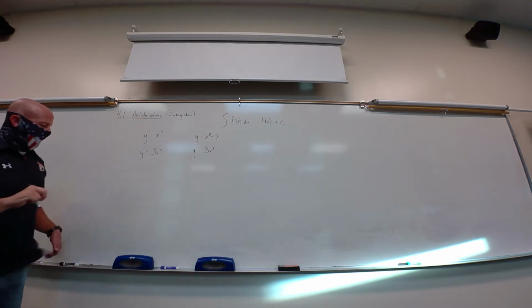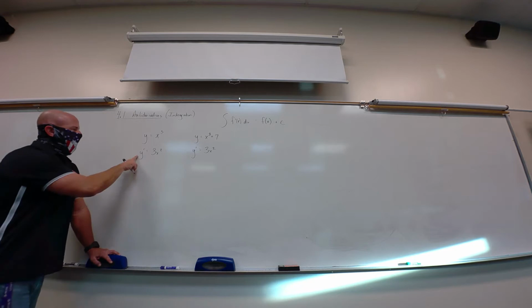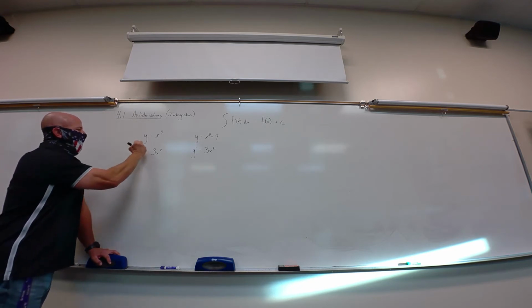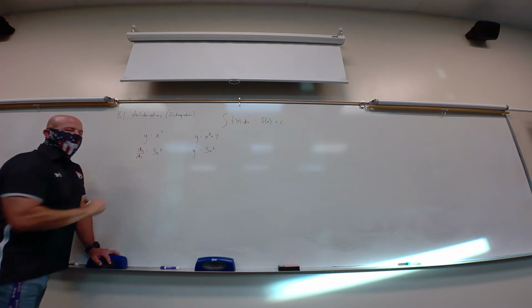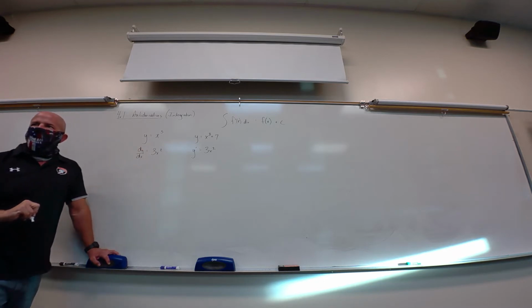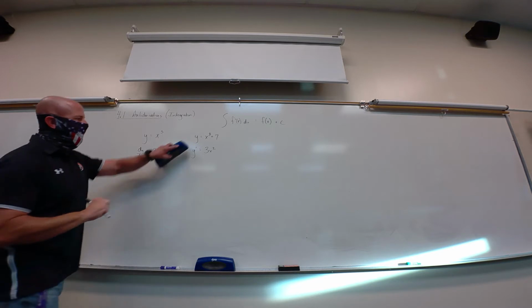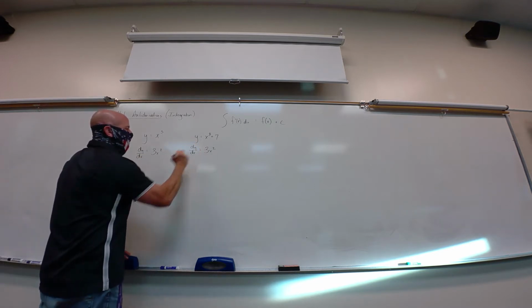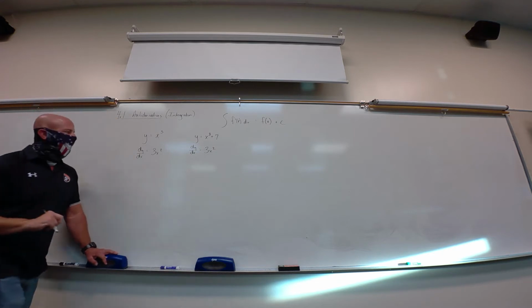Okay, so now remember y prime. All right, we can also write this as dy dx. Everybody okay with that? All right. So instead of y prime, we saw a few different ways. Dy dx. Okay.